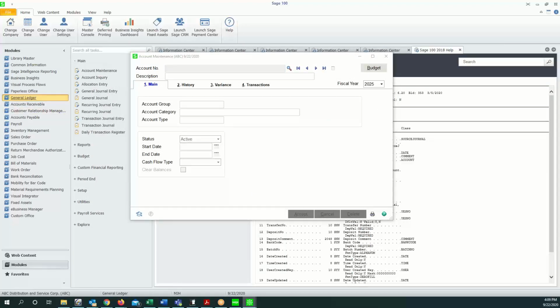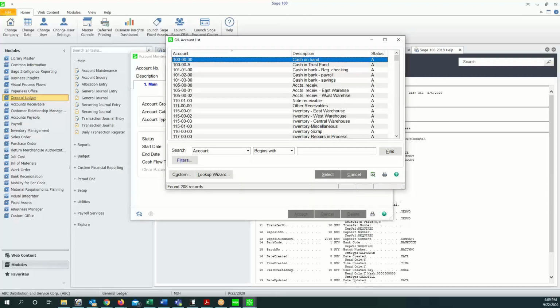Now, this particular company has East and West warehouses, so they've got two different GL accounts. And if you've got multiple GL accounts for your receivables or payables, when you run the report, unless you run the aging report specifically for one division or another, you're going to end up having to accumulate all the totals to get the grand total.